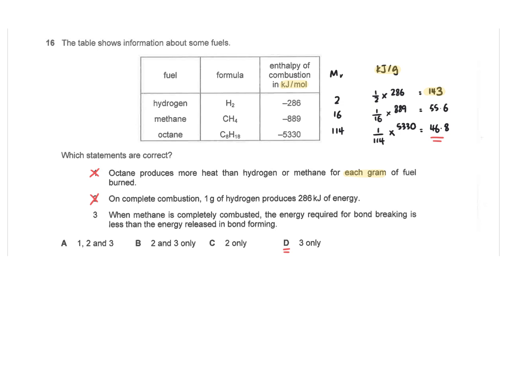But why is it 3 only? Enthalpy changes of combustion are always exothermic, so Delta H is always negative. An exothermic reaction can only mean one thing: the total energy given out during bond forming is greater than the total energy required for bond breaking.